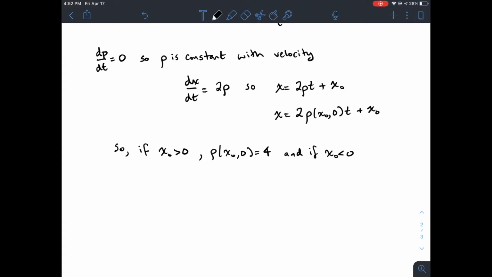Okay? So in my characteristic line, I can now solve it, rather than x being a function of the other, I'm going to solve it for x naught, right? Because everything's in terms of x naught right here. So along that line, x naught is what I want here, x naught equals x minus 2 rho t.